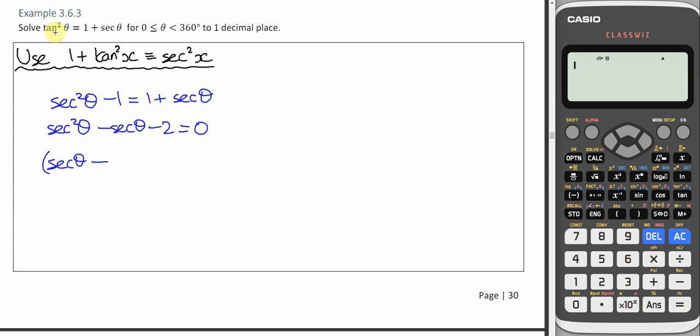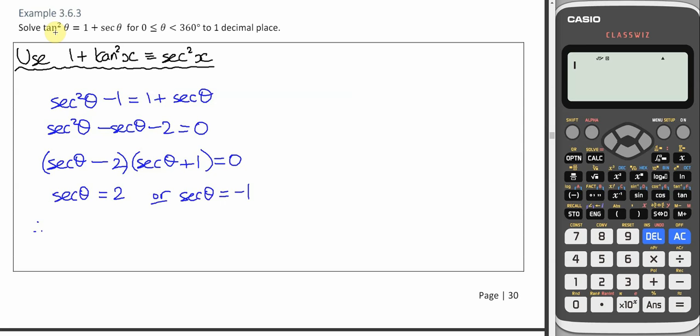This one does factorize, so that works. Always expand to quickly check. Even if you can do it in your head, then even better. Does that give us what we had before? Yes, it does. So sec theta is either 2 or minus 1.